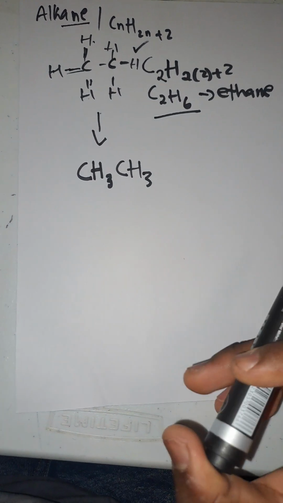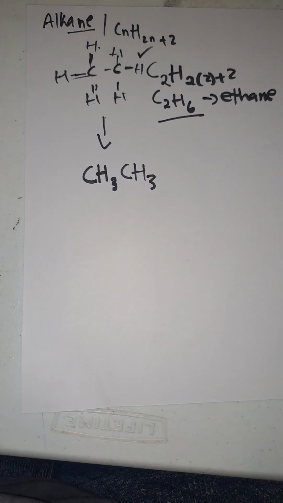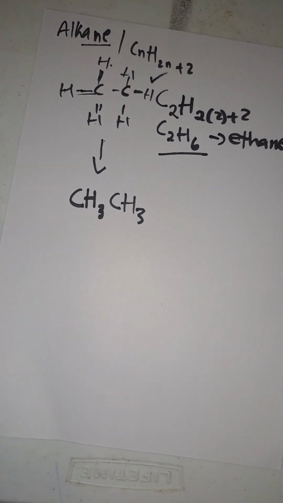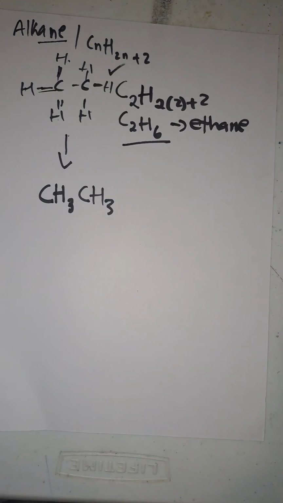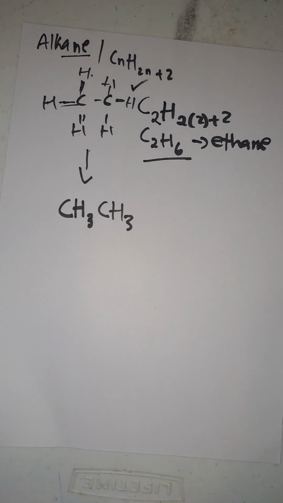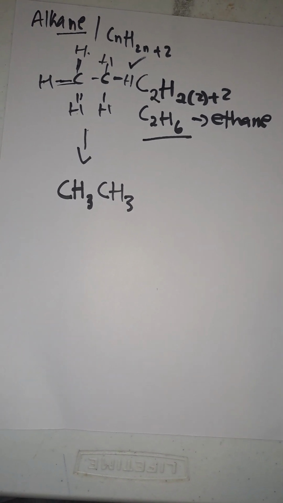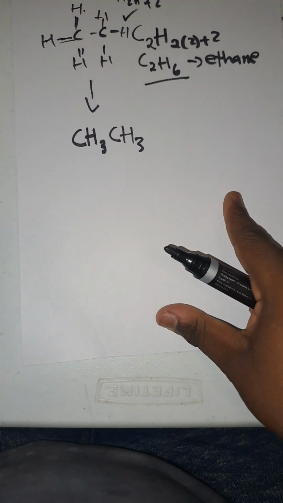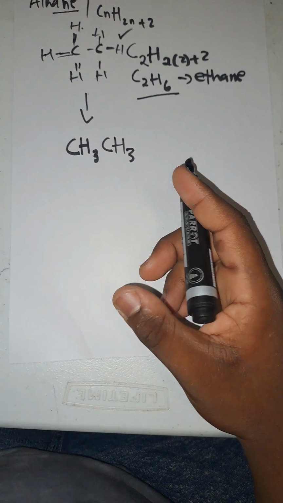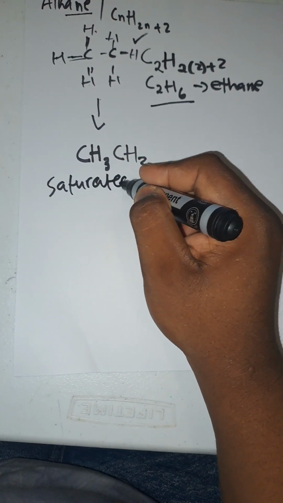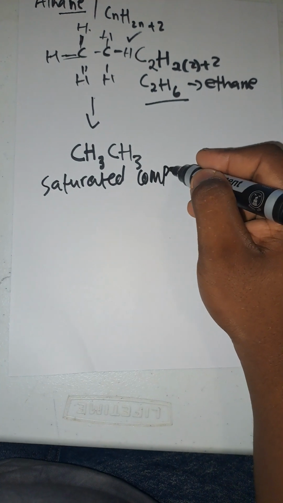And at the same time, I told you that hydrocarbons are organic molecules that consist of hydrogen and carbon only. Because as you can see, this one is a hydrocarbon, because there's hydrogen and carbon only. Those are the things that you have to know. Okay, so now guys, one last thing that you have to know, they are what you call saturated compounds.